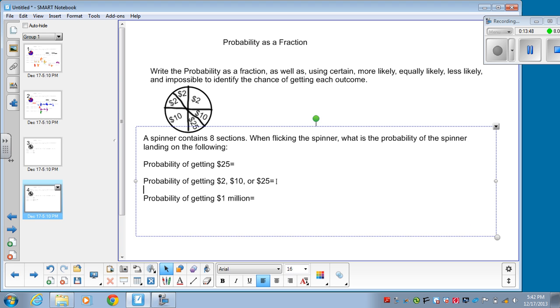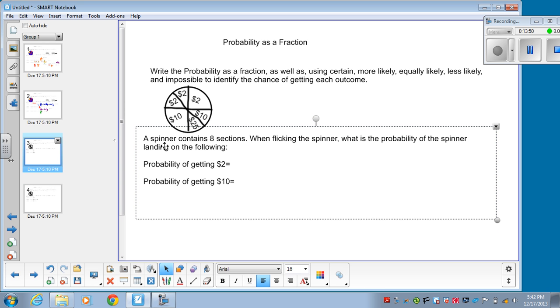Alright, here we go. Let's start on the first one. A spinner contains, this time, 6 sections. When flicking the spinner, what is the probability of the spinner landing on the following?